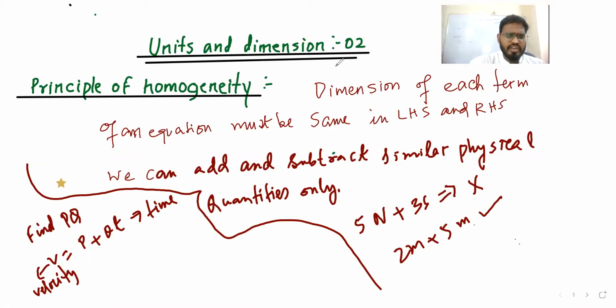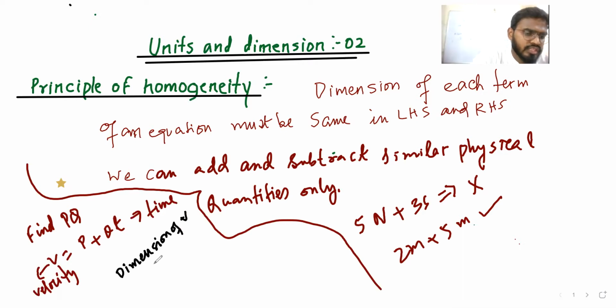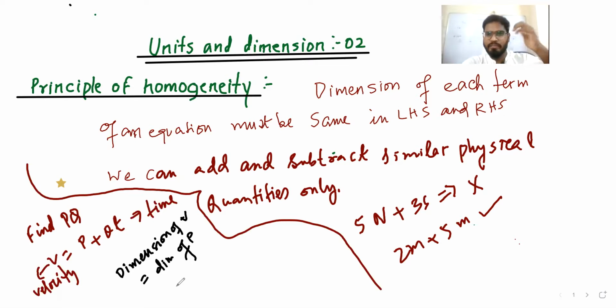So we can say the dimension of P should be equal to that of QT, then only we can equate. So the dimension of V is equal to the dimension of P. The dimension of V is meter per second, so LT minus 1.